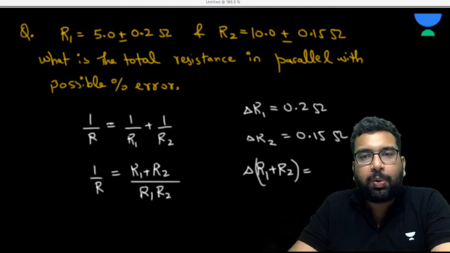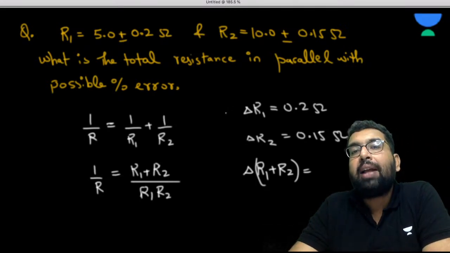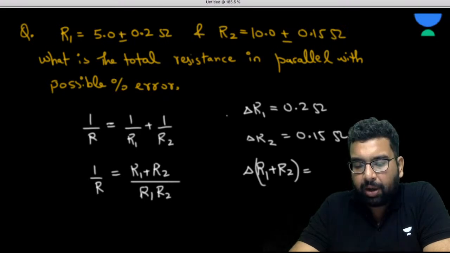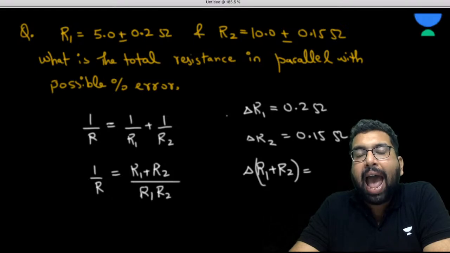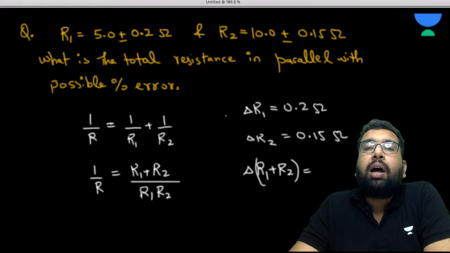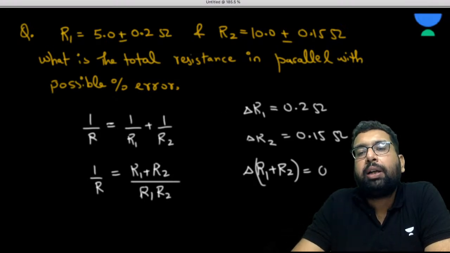Now, when I am going to add these two, what was the rule of addition of errors? The final error must be rounded to the same number of decimal places as the least decimal place in the values.